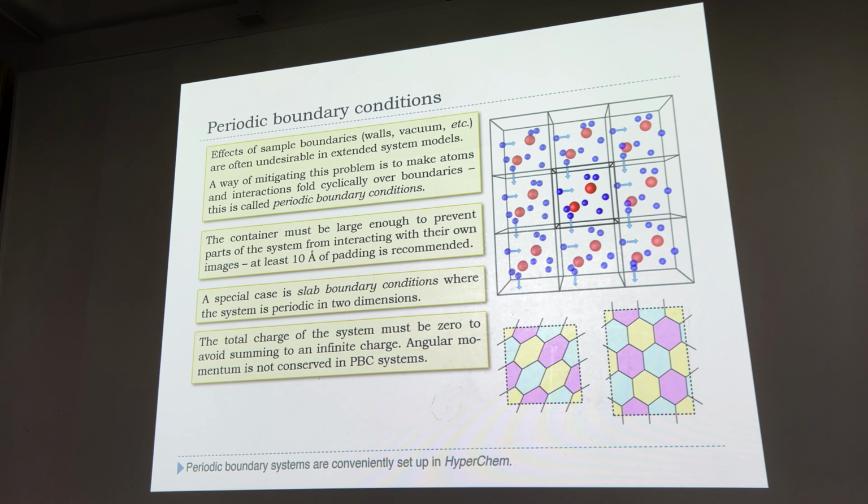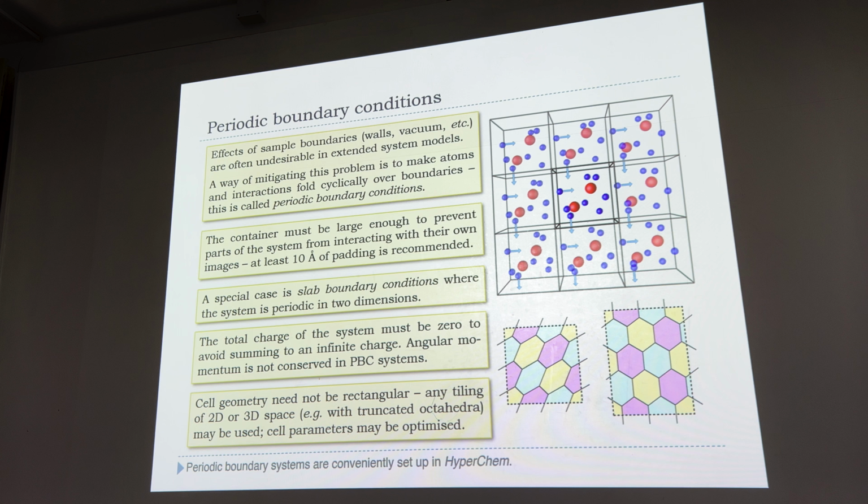So always make sure that the total charge of the unit cell adds up to exactly 0 before running the periodic boundary conditions. And I've already mentioned that you can have 2D and 3D boundary conditions, or even 1D if you have some particularly lengthy linear molecule. Okay, that's me for today.